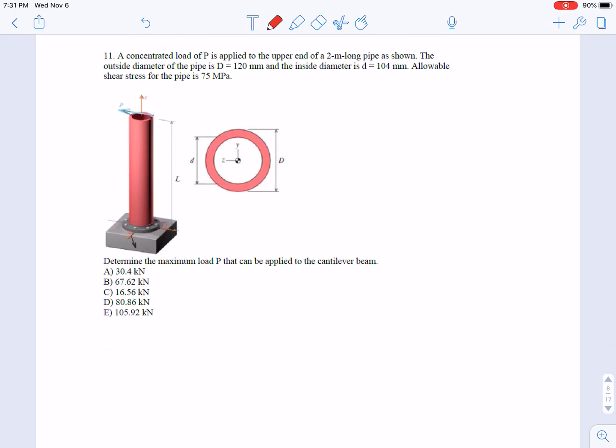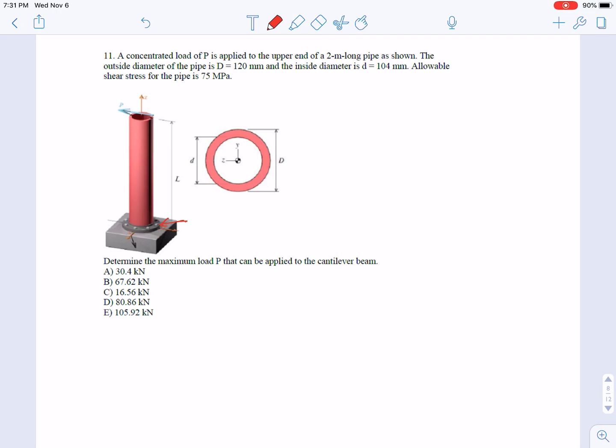And number 11. A concentrated load P is applied to the upper end of a 2-meter long pipe as shown here. So this end is fixed, so this is a cantilever actually. The outside diameter is D equals 120 and the inside diameter is 104 mm. The allowable shear stress of the pipe is 75 MPa.